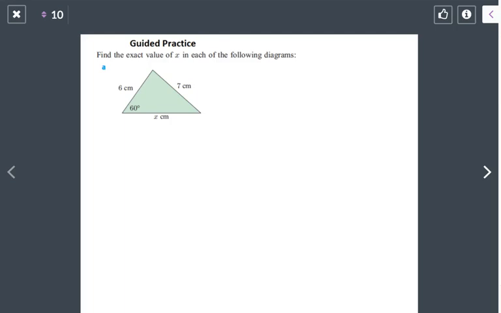Now let's go to the last guided practice. So we have given two sides and one angle, but we're looking for a side.